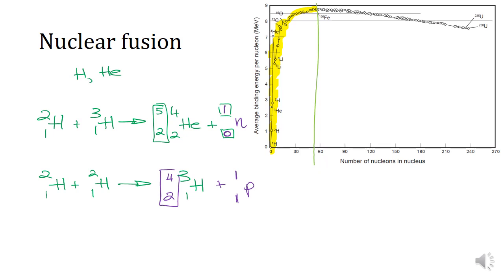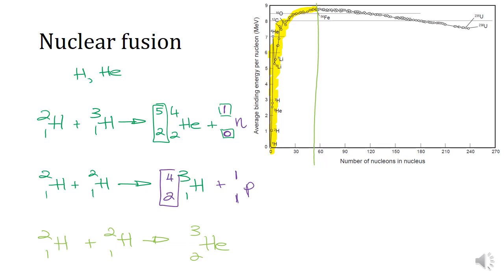The other way that my 2 deuteriums can come together is actually to make a 3,2 helium.